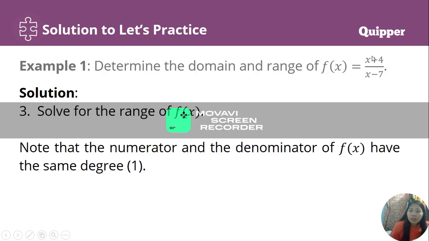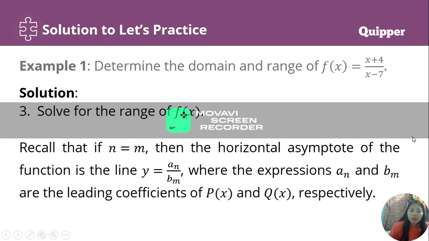We know that there is an invisible numerical coefficient 1 here and here also. So y equals 1 over 1, or 1 divided by 1 is 1. Therefore, our range is R equals the set of y such that y should not be equal to 1.